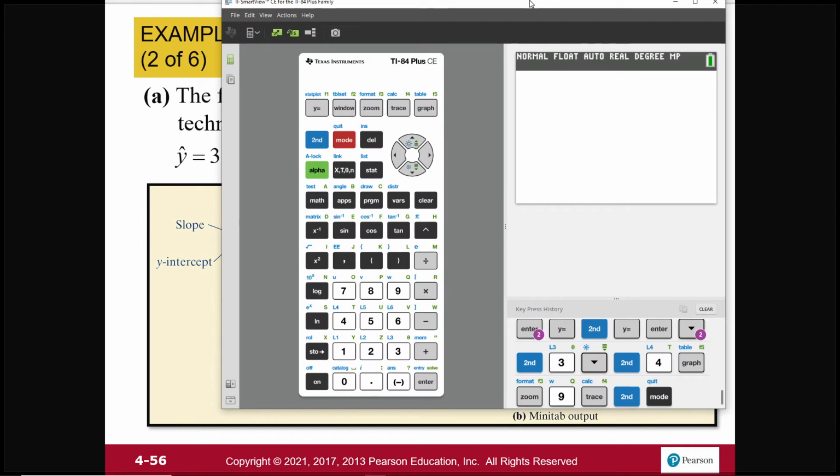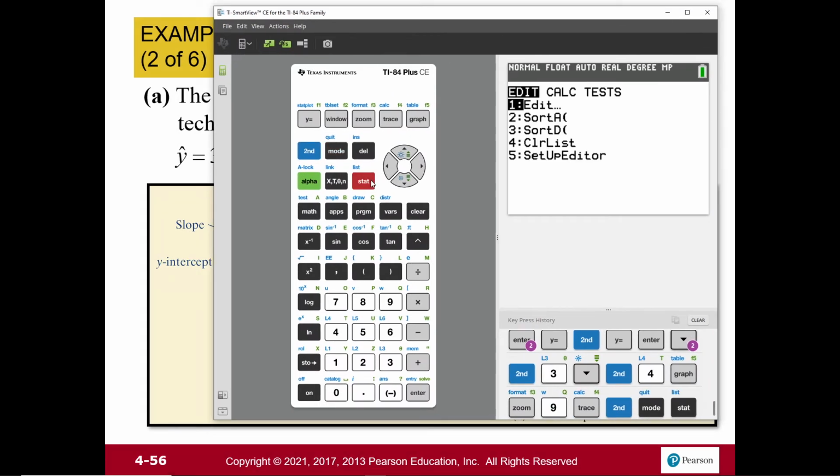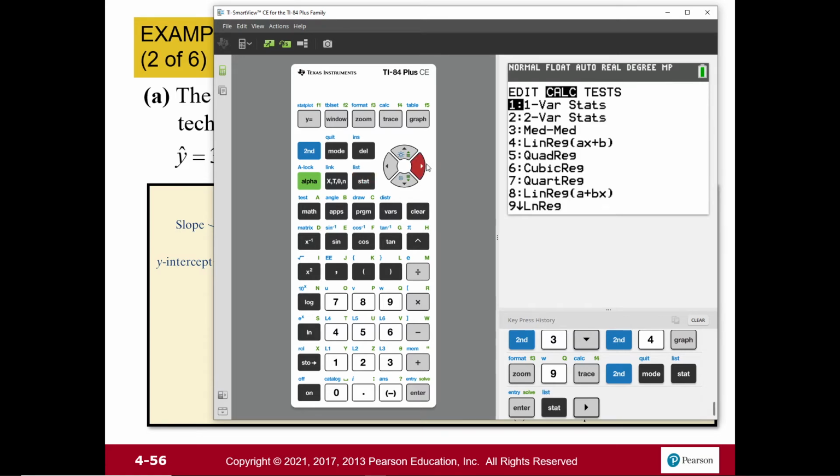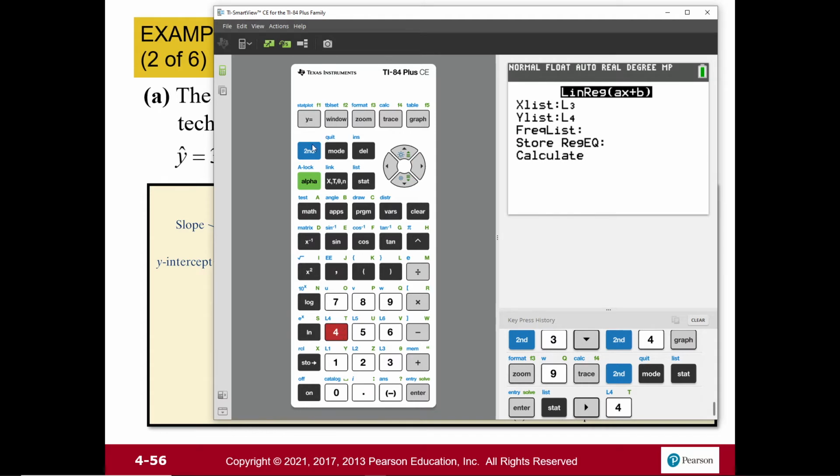Now, we actually have the golf data, I believe. Let's take a look and make sure we do have it. I believe we do have it. It's in L1 and L2. So we're going to use those values again. So let's go into Stat, Calc, and we're going to choose 4. This time we're going to let it be L1 and then L2 as well.